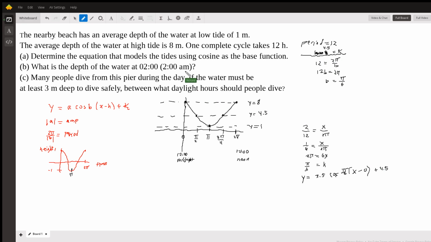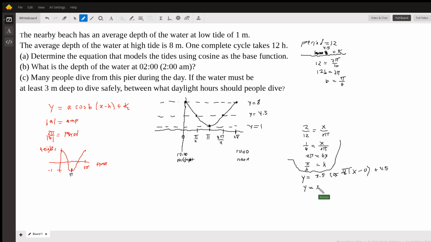Okay, so now we're ready to answer this. What's the depth of the water at 2 a.m.? So we found at 2 a.m., x is pi over 3. So you would just plug that in.